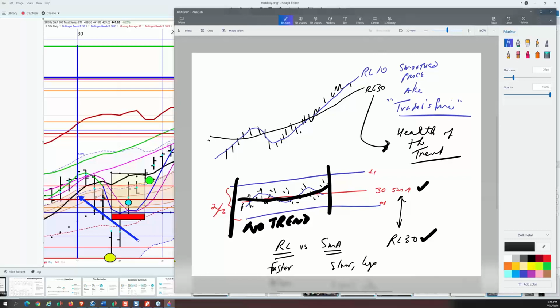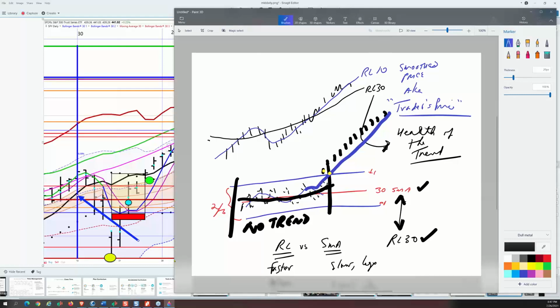As long as the RL30 is inside the river, we can say that it's just mucking around in normal conditions. But then there comes a moment when price begins to depart the river, and we're going to get some kind of upward move. When that happens, the RL10 leaves the river and links up with it. So there's a moment right here where the RL10 leaves the river and the price leaves the river. And all that's left to join it now is the RL30.